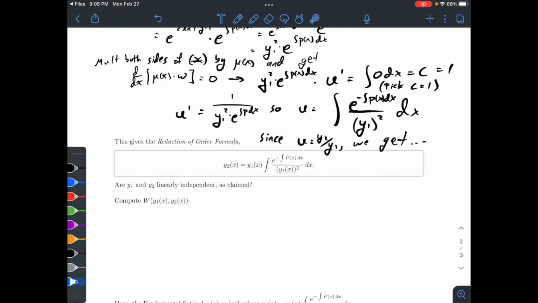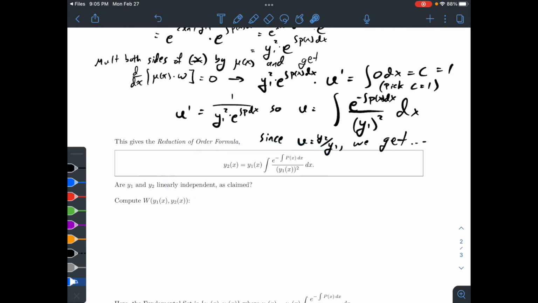We get the following. So here we have y2 over y1 is equal to this thing. So multiplying through by y1, we get y2 is equal to y1 times this whole crazy integral over here, this integral of integrals thing.